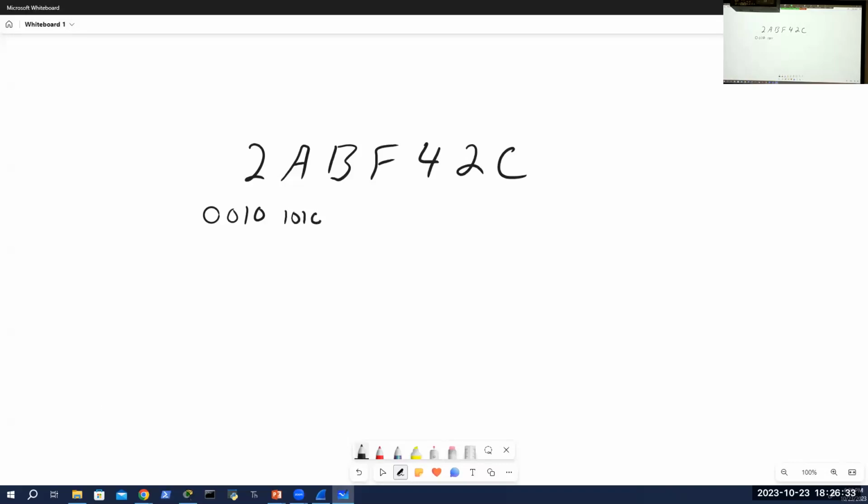B is 11 in decimal, so 1011. F is 15, so 1111. 4 is 0100. 2 is again 0010. And C is our 12, so 1100.